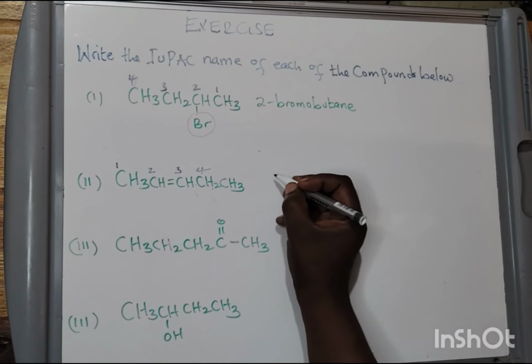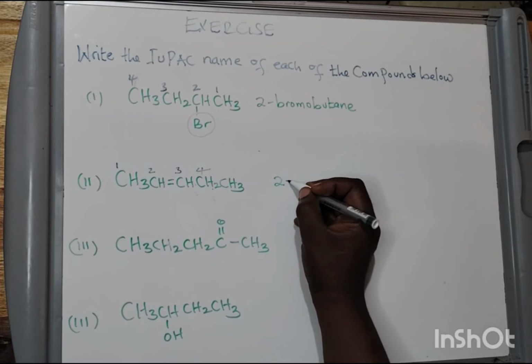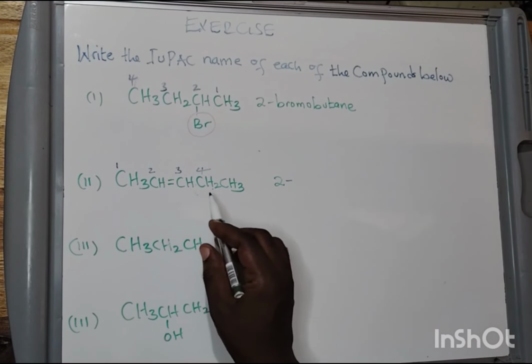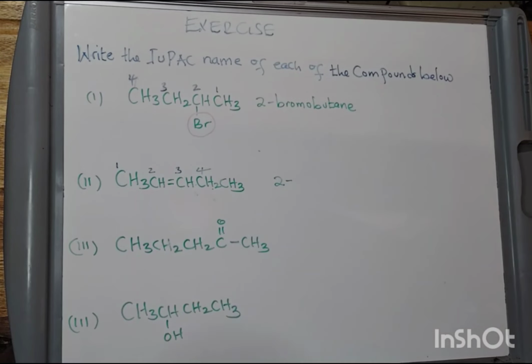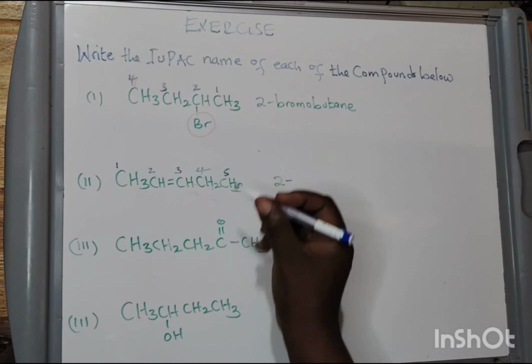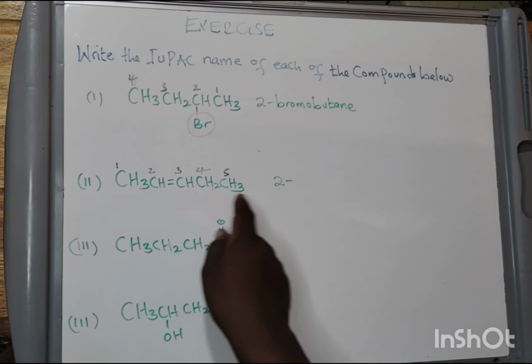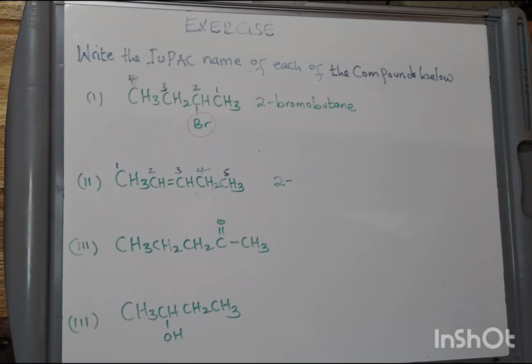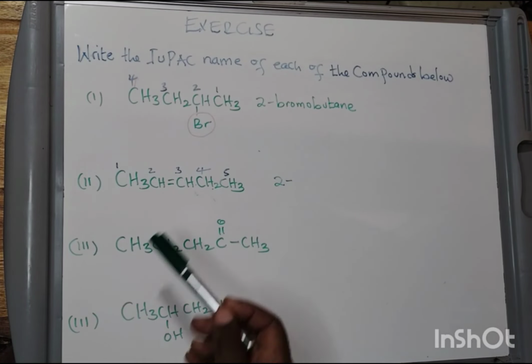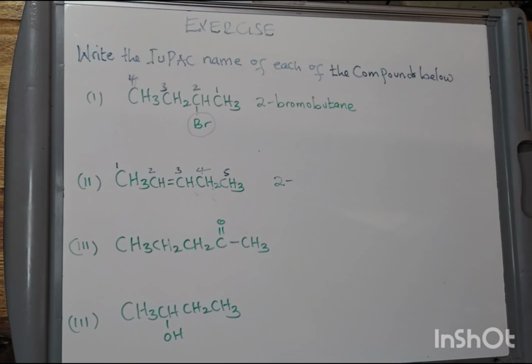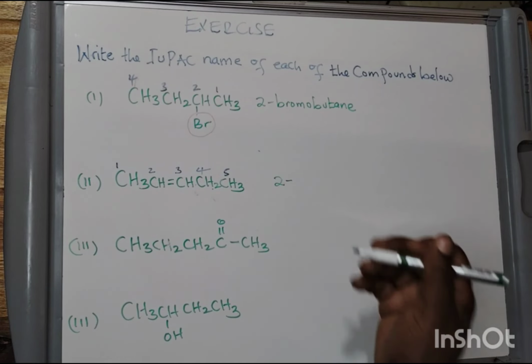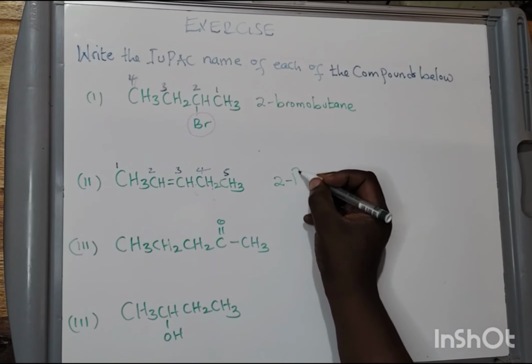The name is 2. 2 what? 1, 2, oh, we missed 1. There are 5, eh? Yes, 5. So it's going to be 2. So a 5 is pentane, but it has a double bond, so it's a pentene. The name is 2-pentene.